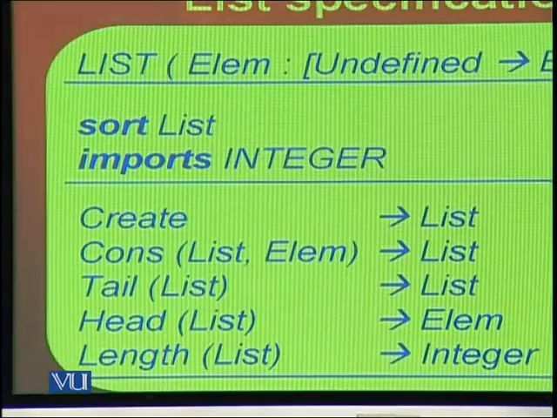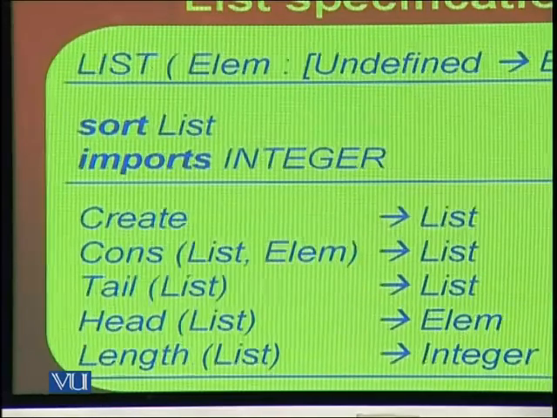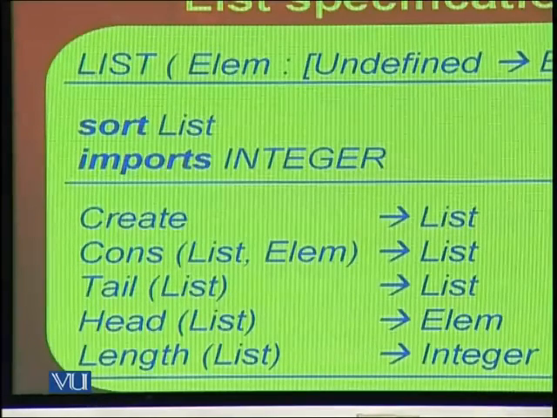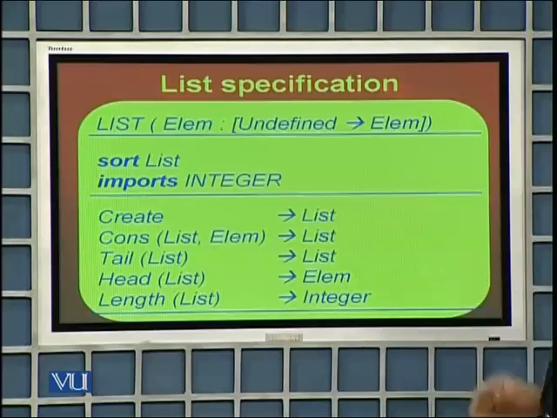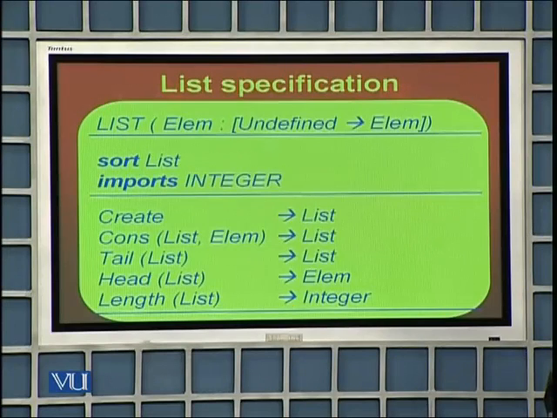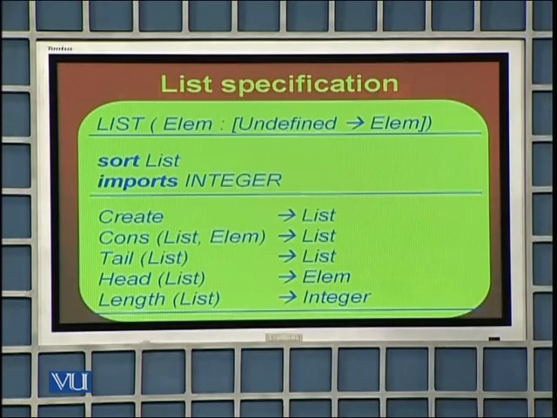The tail function chops the head of the list off and gives you the remainder of the list. So if we had 5 elements in the list, it will take the first element from the list and give you the rest of the list back. And the head method gives you the element at the head of the list. And the length method gives you the length of the list.